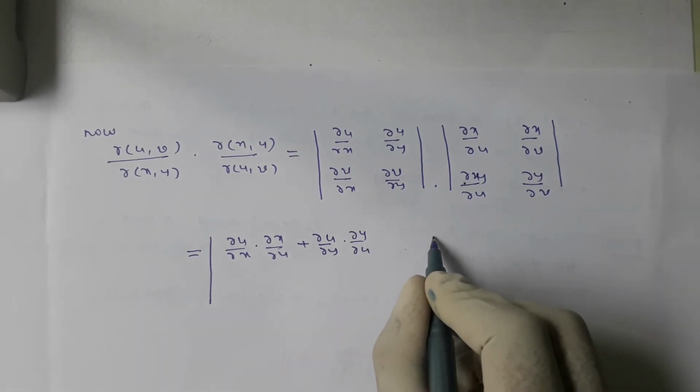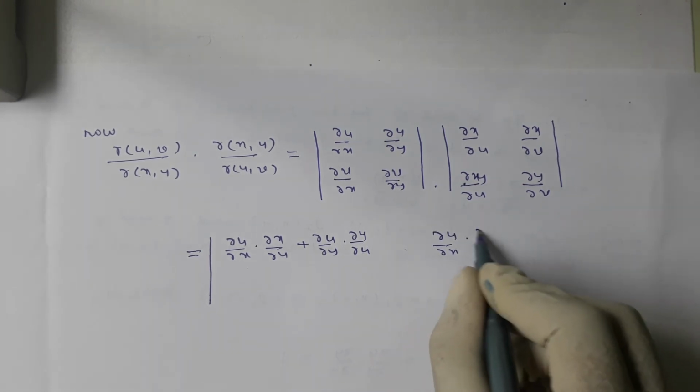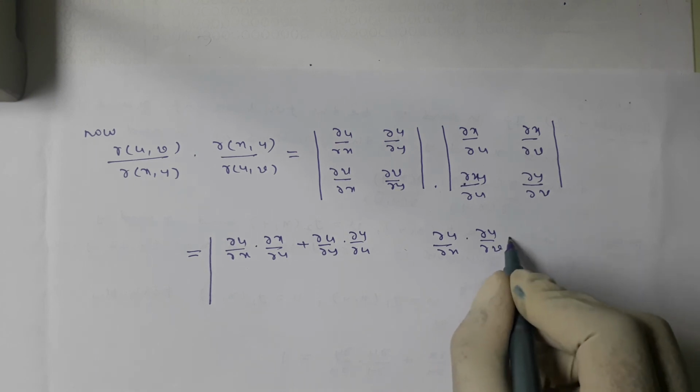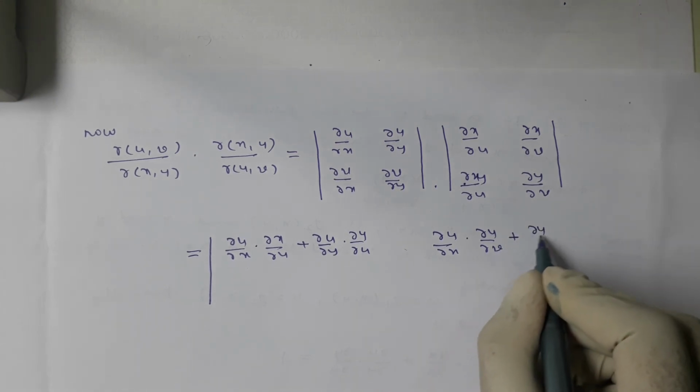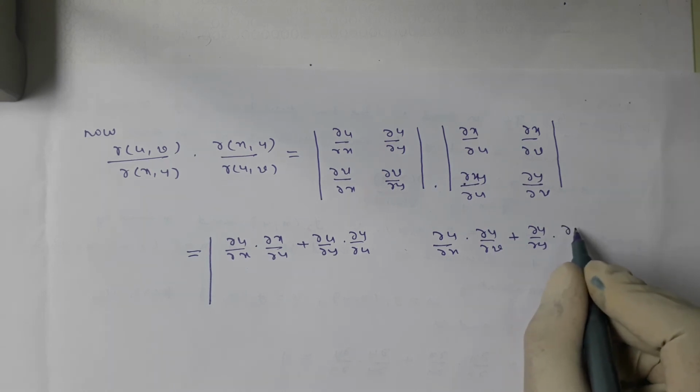This is first row first column. Next, dou u by dou x into dou x by dou v plus dou u by dou y into dou y by dou v.